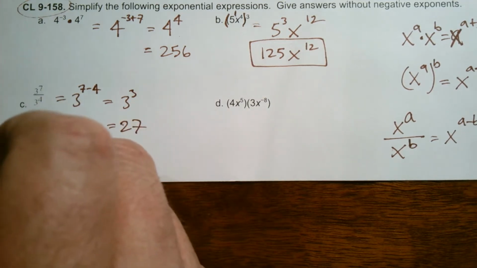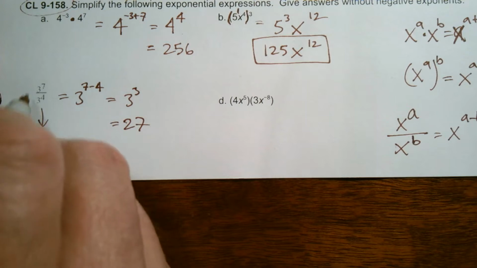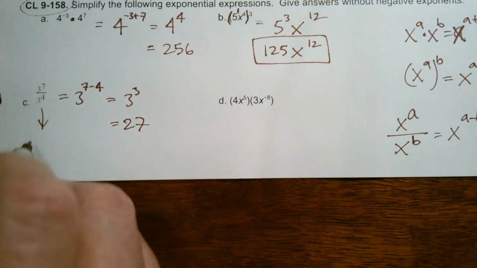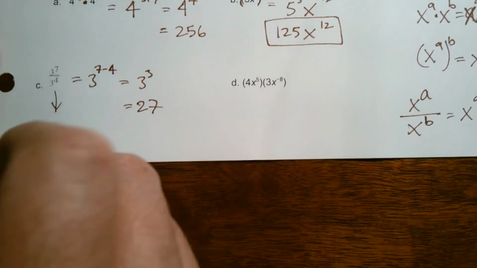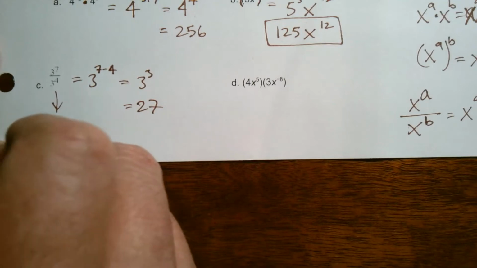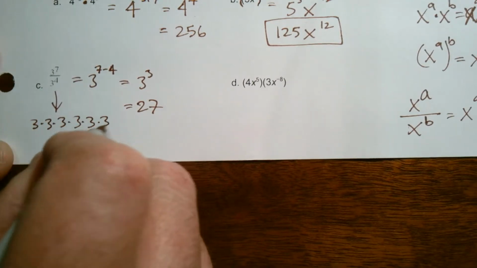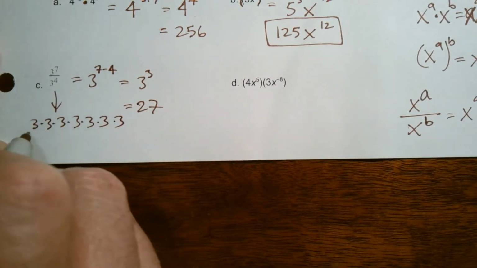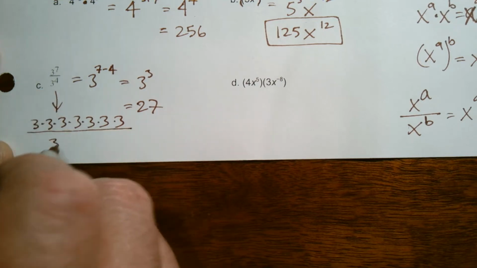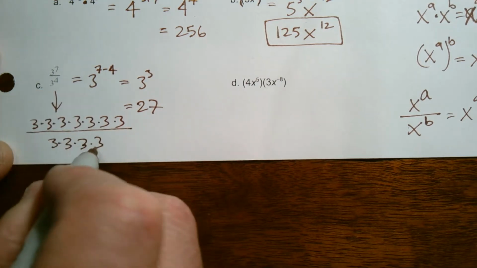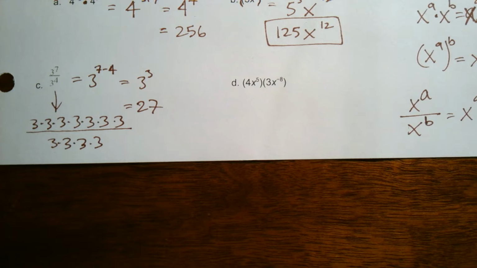Another way to look at this, though, is if you forget these rules, you can always write them out, right? So 3 to the 7th means that I'm going to be multiplying 3's 7 times. And then on the bottom, I'm going to multiply 3's 4 times. So what I can see here is some division.